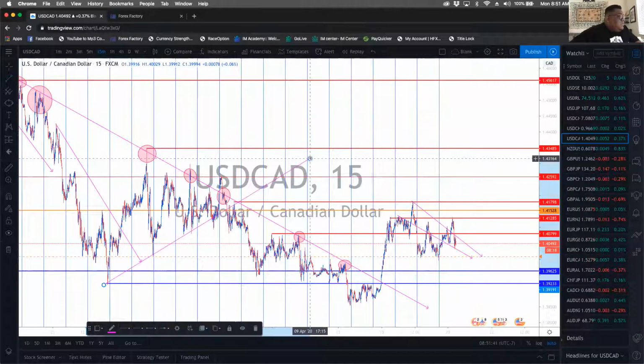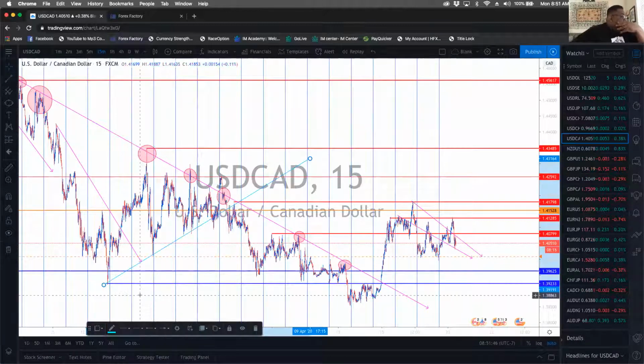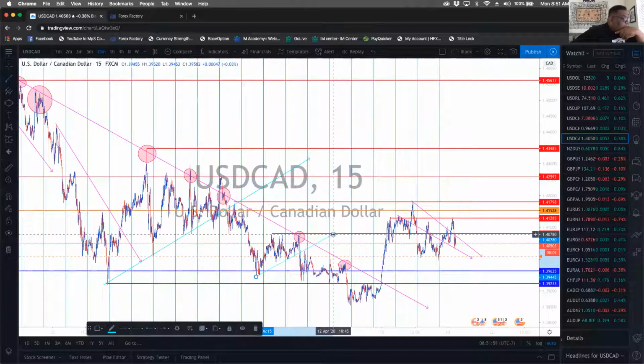We had some here. Change that over to be baby blue. What other trends? We had a small little trend here, upward trend. 1, 2, 3, right? Up to about where else?